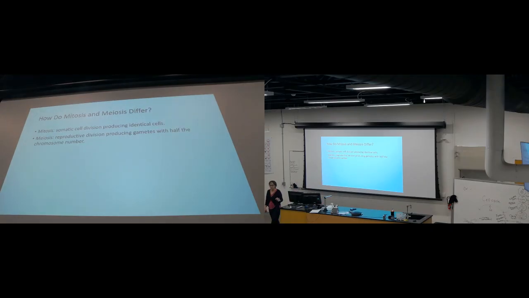Sometimes something happens with the spindle apparatus where you don't drag these chromosomes apart, and then instead of carrying one to each daughter cell, maybe this cell on the top is going to receive one of these pairs of chromosomes, this one is not going to receive anything, and this one is going to receive two.